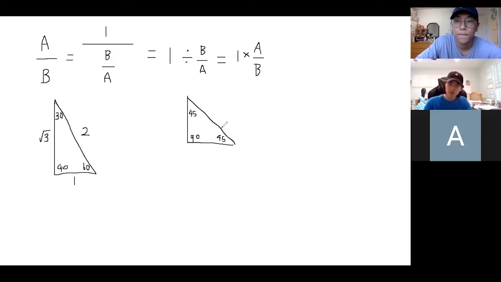The legs are the same. So the legs are 1. And then the hypotenuse is 2? No, radical 2. Yeah.